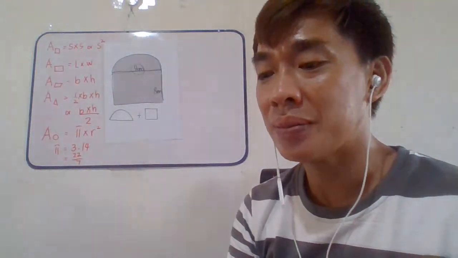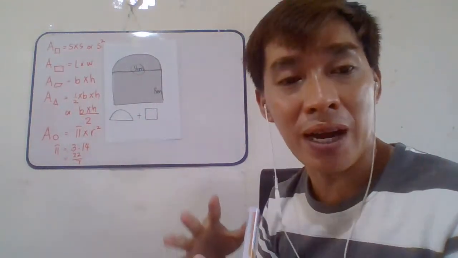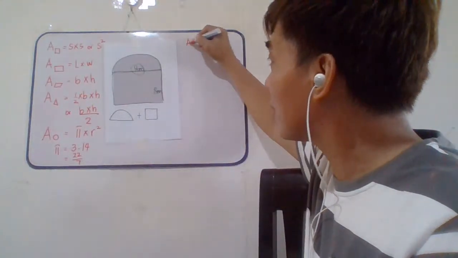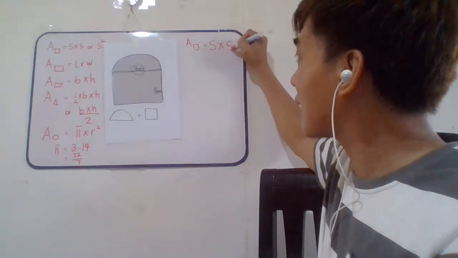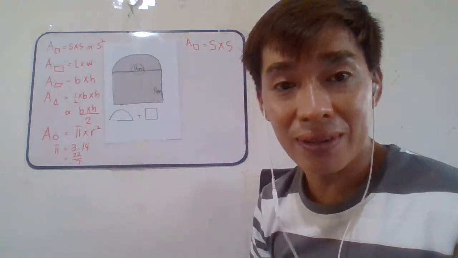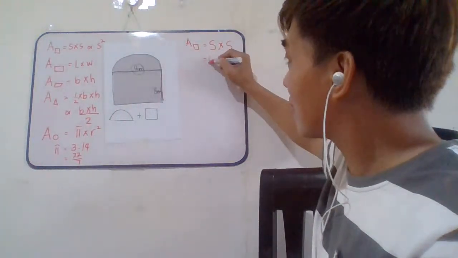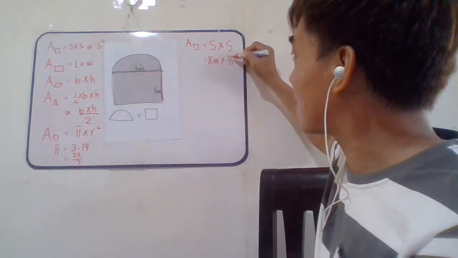Now, let's get the area of the square first. I have to start with the square because it's very easy. Area of the square is just equal to side times side. I hope it's clear now. Now, our side here is 8 meters times another side here, which is also 8 meters.